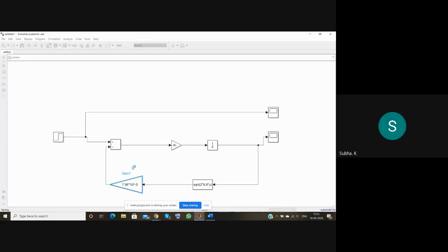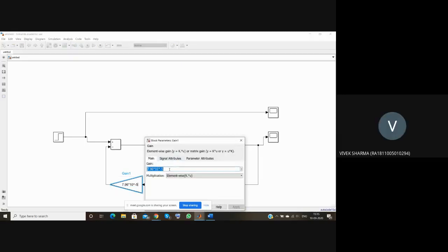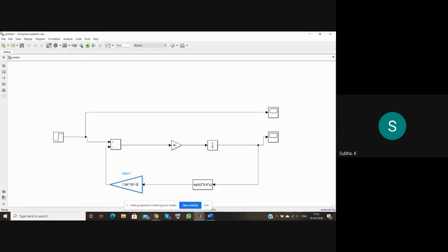It was not telling that power gain, no. Ma'am, this whole in brackets, right? 10 into 10 to the power minus 5 in brackets. I think those and all it's not necessary. Yes, ma'am, it is okay, the answer is coming. And power gain.